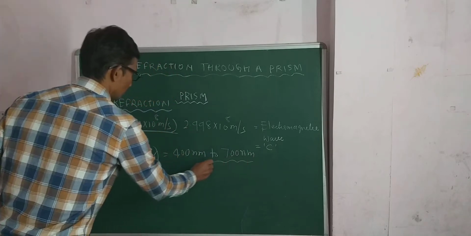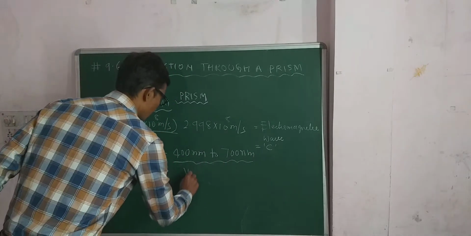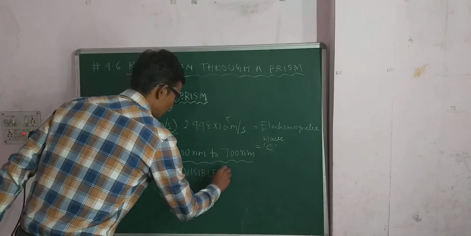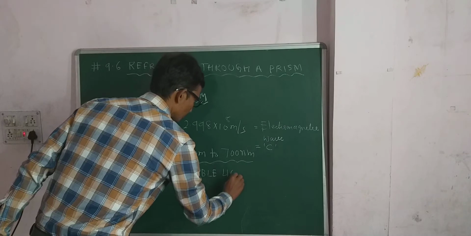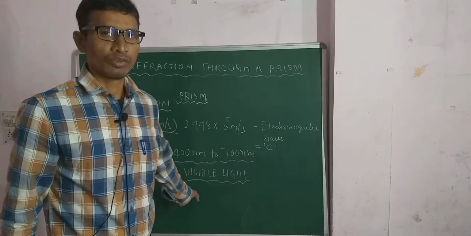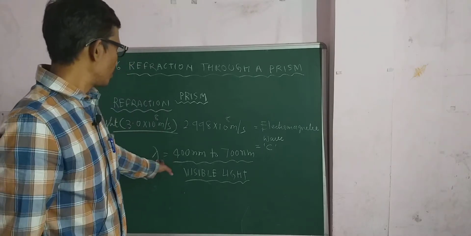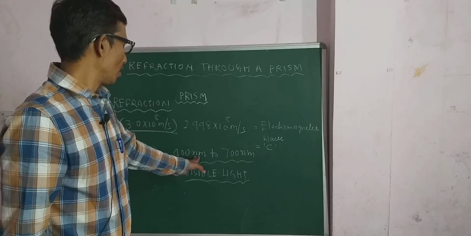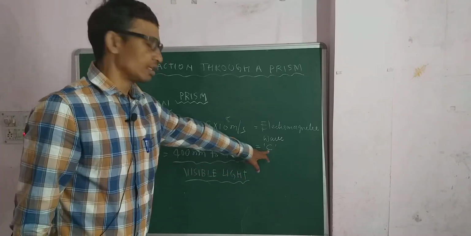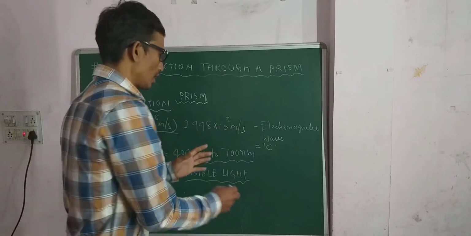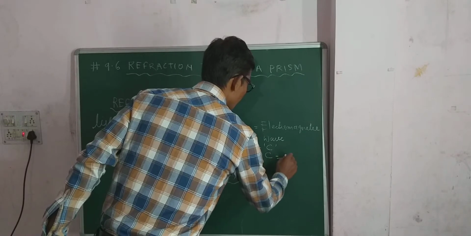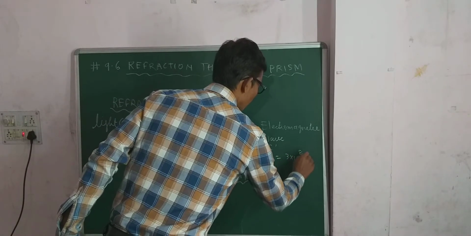It is called the velocity of light, C, which is approximately 3 into 10 to the power 8 meter per second.